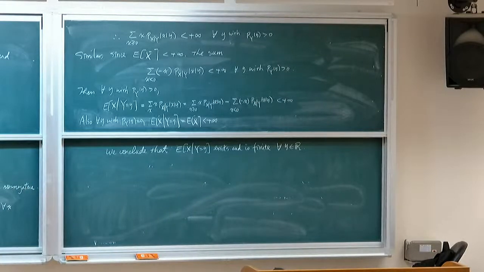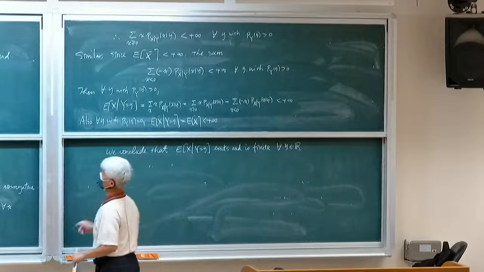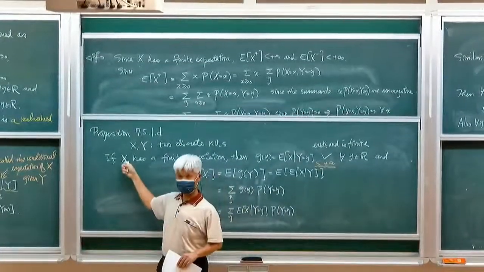A function is well defined. And we have this result because X has a finite expectation.